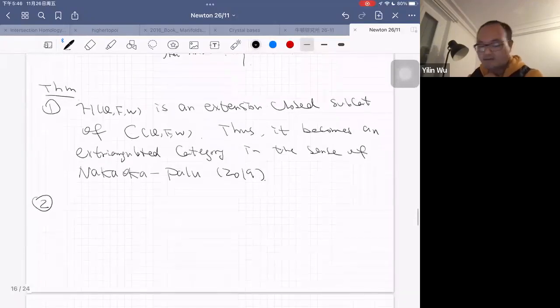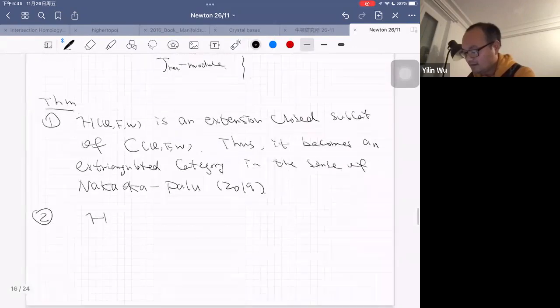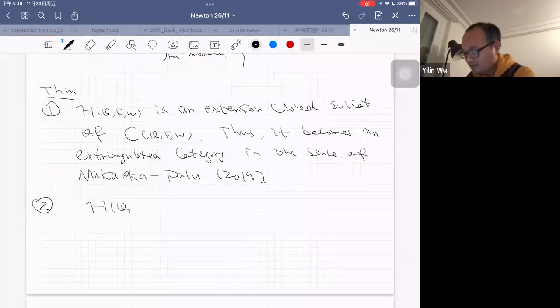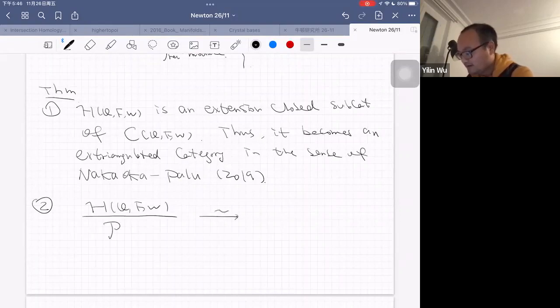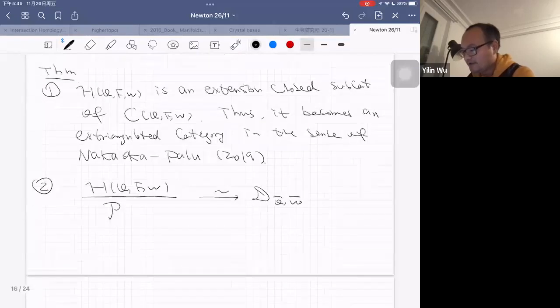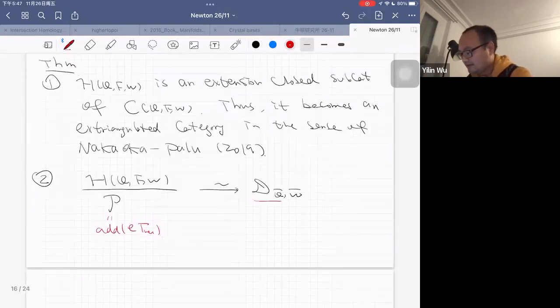And then we also have the following equivalence. Here P is just the add closure of this DG module, and this category is defined by Plamondon.